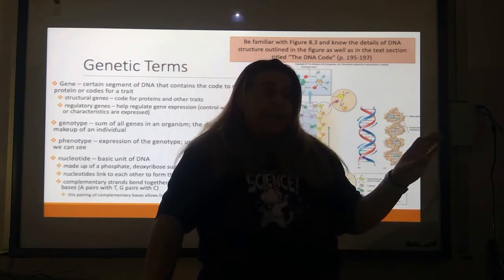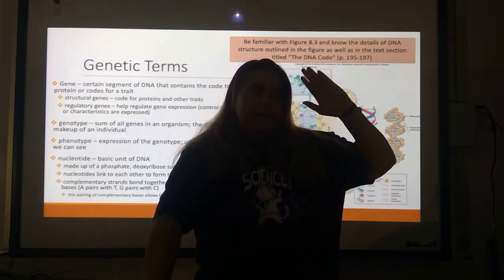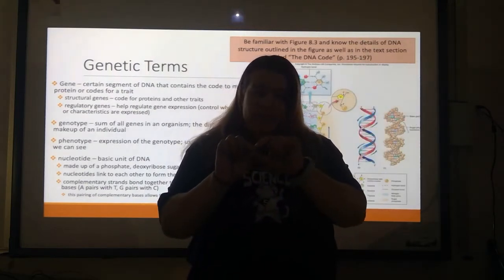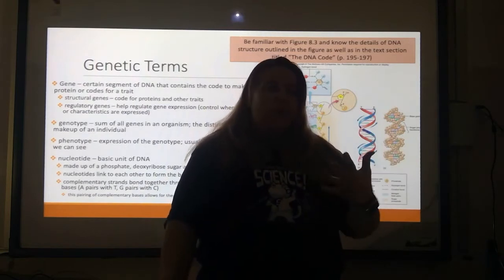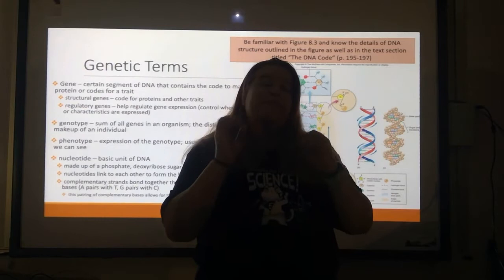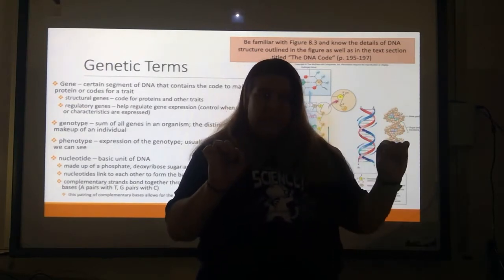So the sequence may be adenine, thymine, guanine, cytosine, whatever, but that instruction manual is for long fingers. So the phenotype would be long fingers. The genotype would be the actual sequence itself.